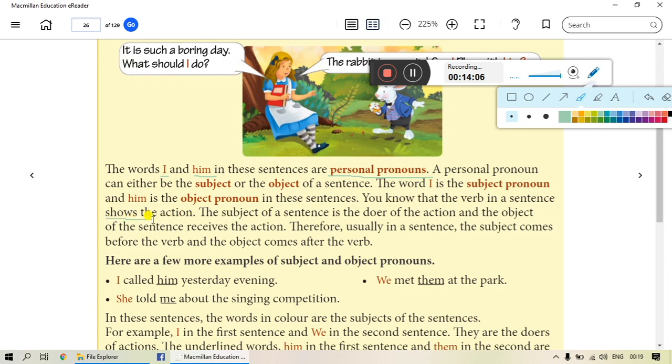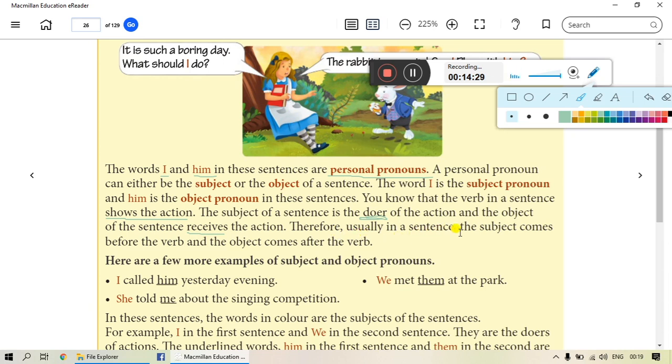As I already told you, it talks about action or state. So it tells the action. The subject of the sentence is the doer. The doer is the person who is doing something. He is the doer of the action, and the object of the sentence receives the action.